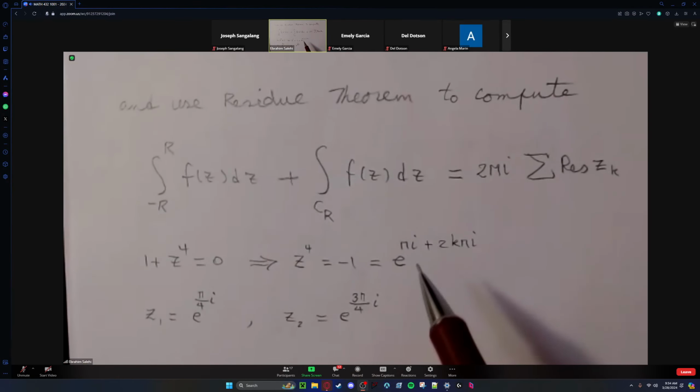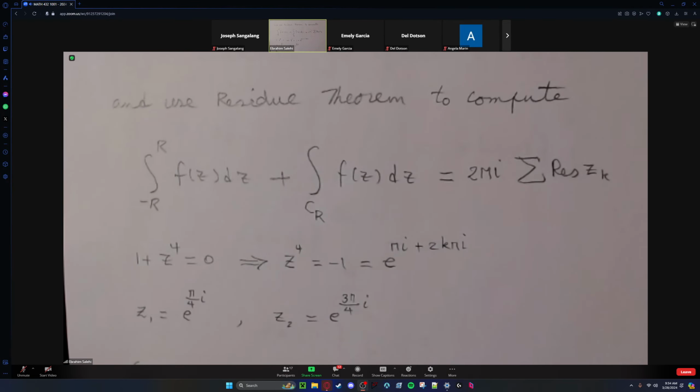So on the negative r to r of x-axis, z is just x plus y is 0.